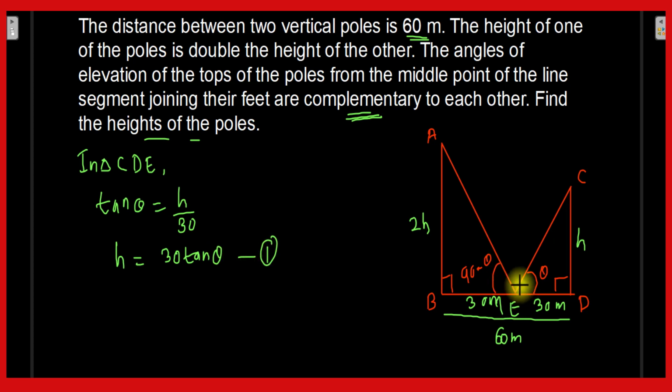Now friends, here we will take the other triangle ABE. So in triangle ABE, tan of 90 minus theta is equal to opposite upon adjacent, that is 2h upon 30.